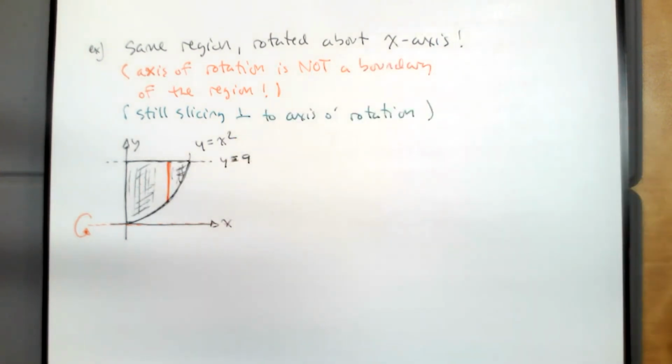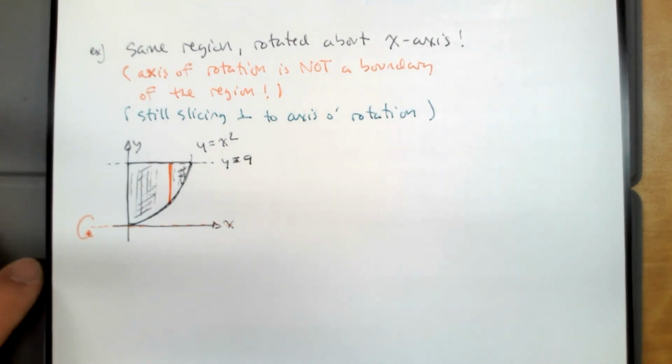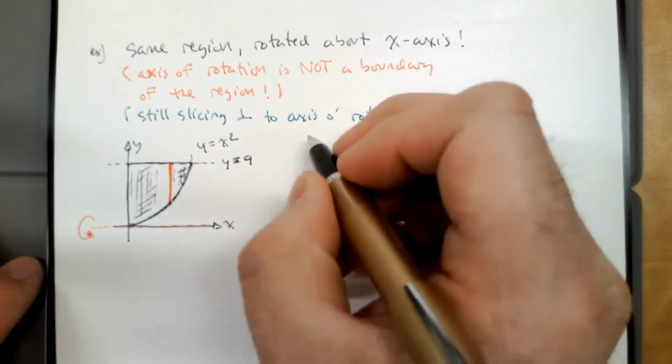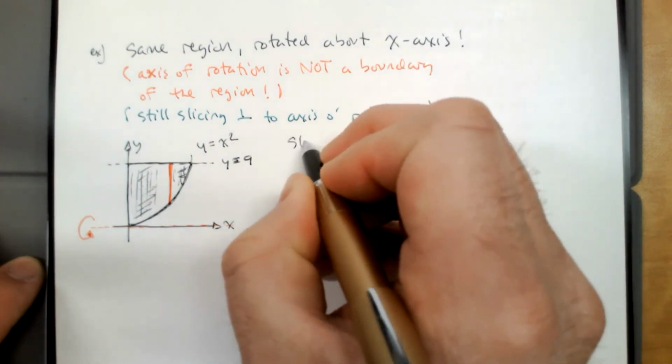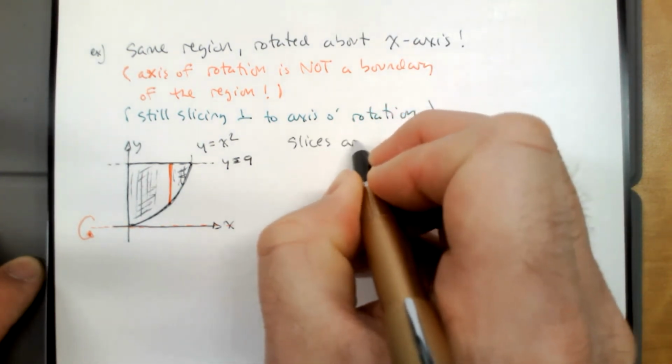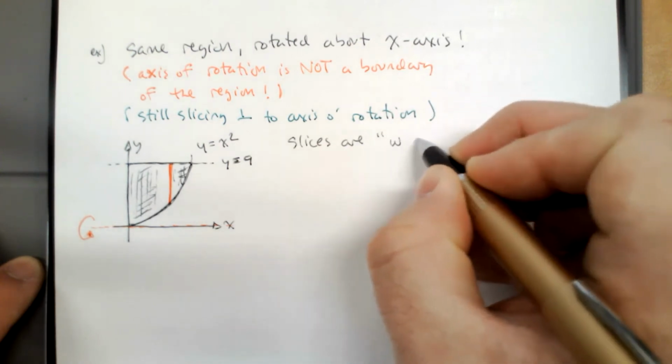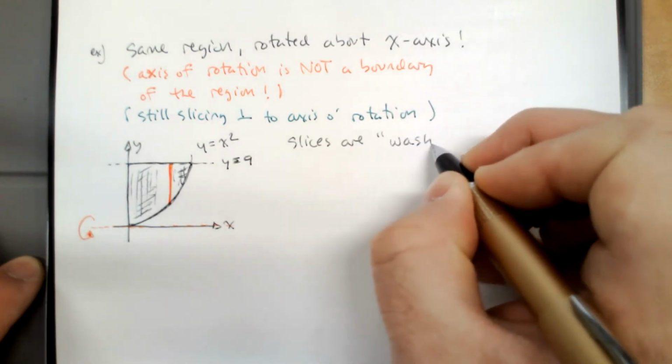So the slices are not going to be solid circles anymore. The slices are going to be circles with circular holes. And we usually refer to these as washers.